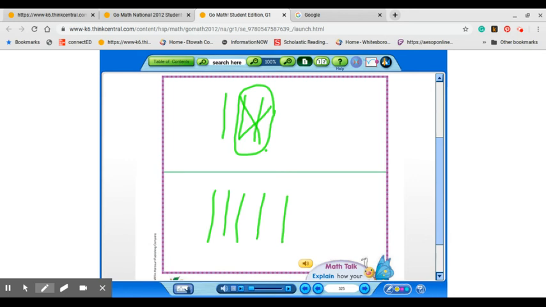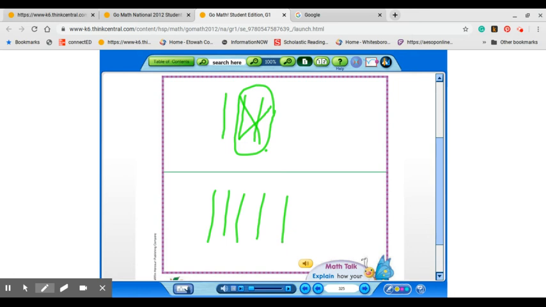Now, it says that he had 50 shells. He gives 30 shells to his friend, and we want to know how many he has left, how many he has now. So think with me. By looking at our first example, how are we going to show that he gave 30 of his shells to his friend?